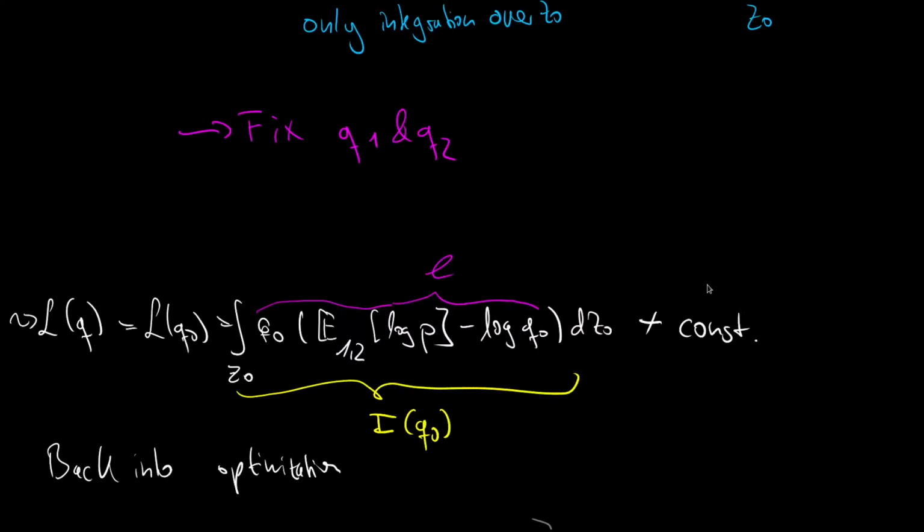And in the end, we reached a point where we had our functional on Q0, and we had some constant term otherwise. But we could have also done this for Q1, right? And then we would have the functional on Q1 and some constant term here, and we would have fixed Q0 and Q2. And also for Q2. And based on this, we can derive a general result for this mean field approach.